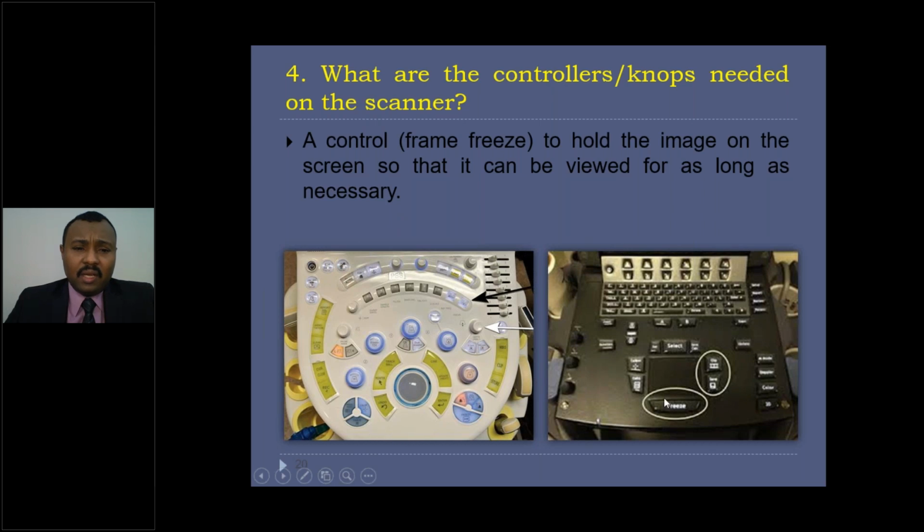And in our accompanying image here, you can see this is the controller. Again here in this machine, and as I mentioned, instead of being a knob available at the control console, it can be a foot switch to apply the action of freezing of the image.